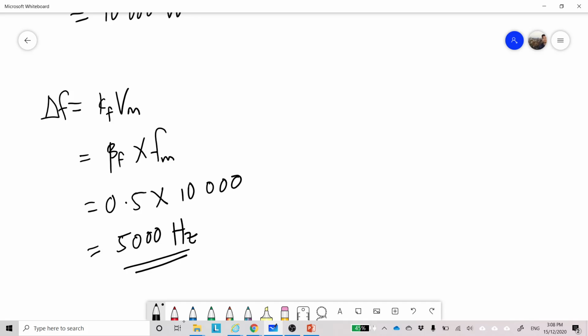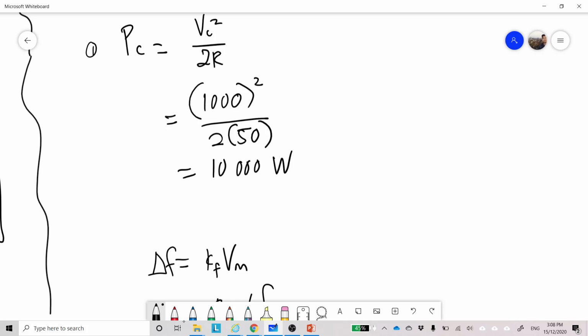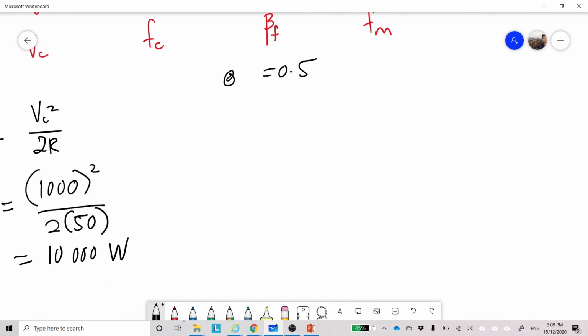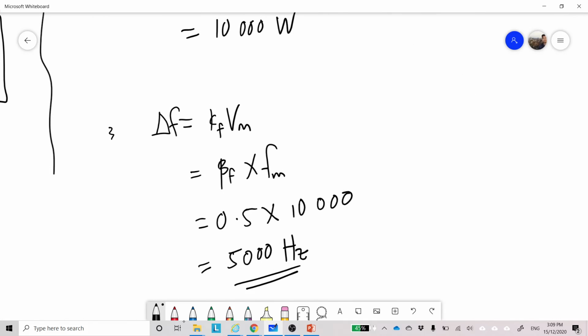And then question number 4. So ini adalah question number 1, question number 2, and then question number 3 adalah tadi tu. So this is question number 3.